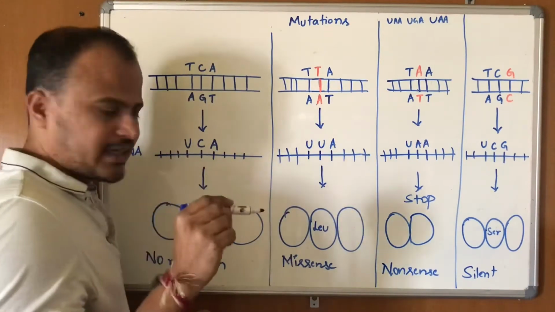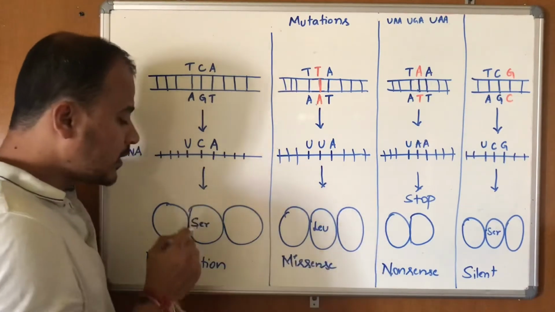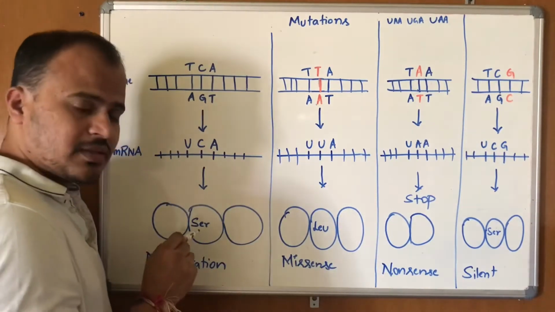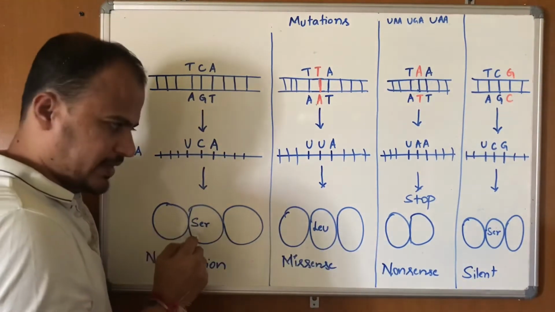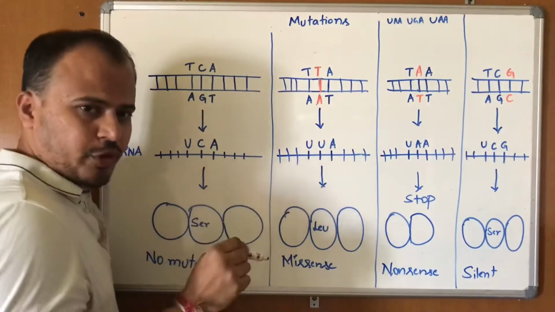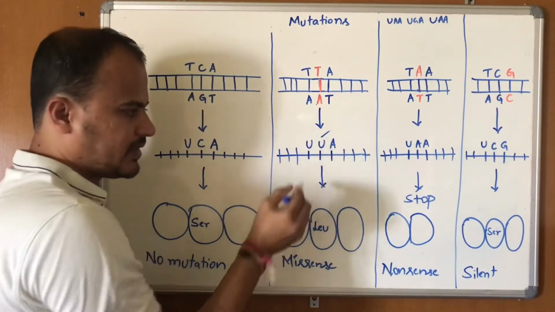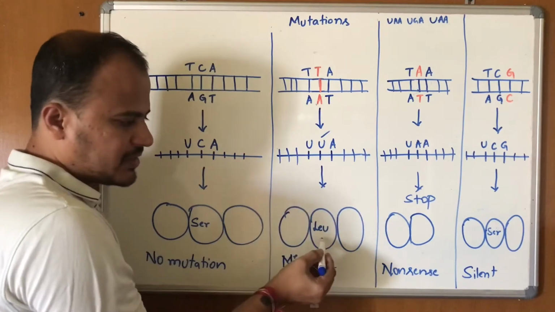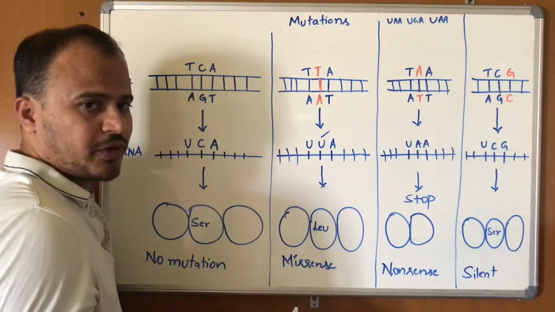As per the genetic code, UUA codes for leucine. The amino acid which is supposed to be incorporated into the polypeptide chain is serine, but because of a mutation there is a change in the nucleotide sequence of the codon which results in leucine. This type of mutation is called a missense mutation.